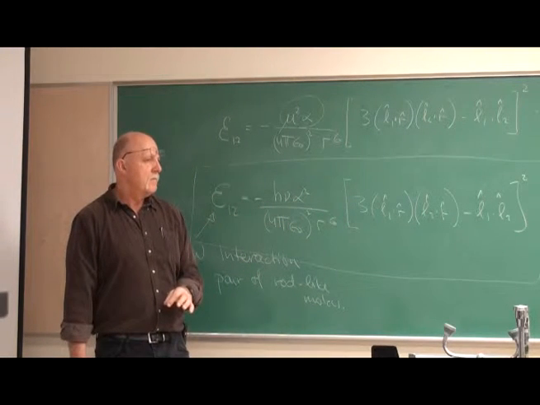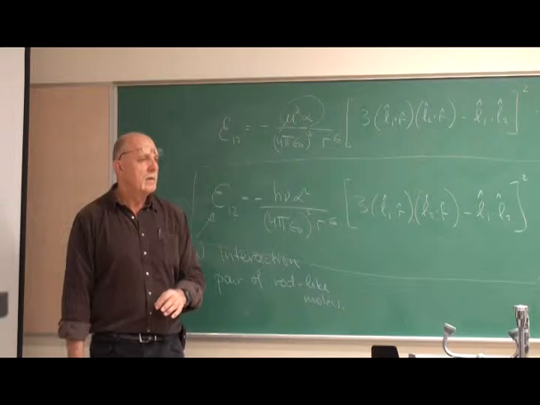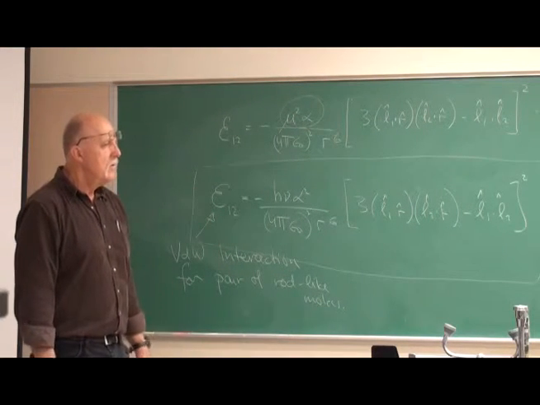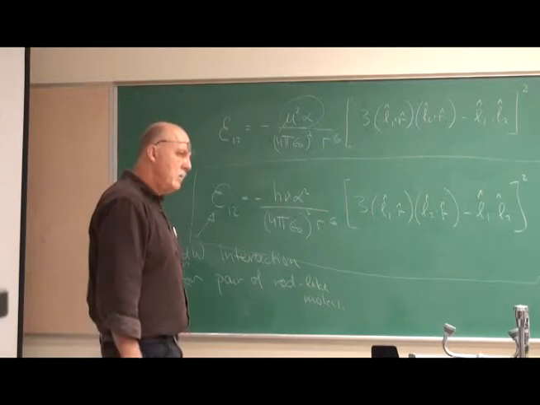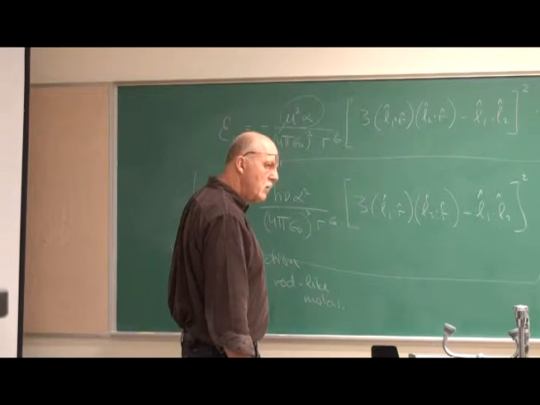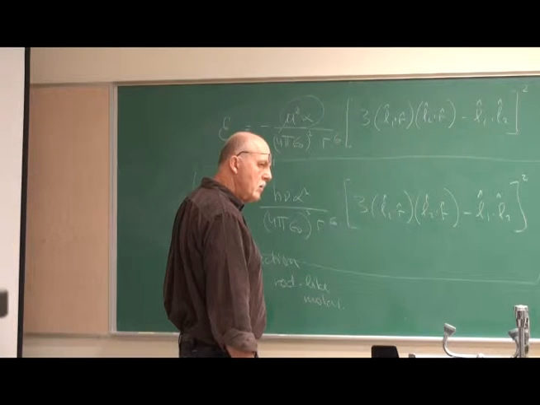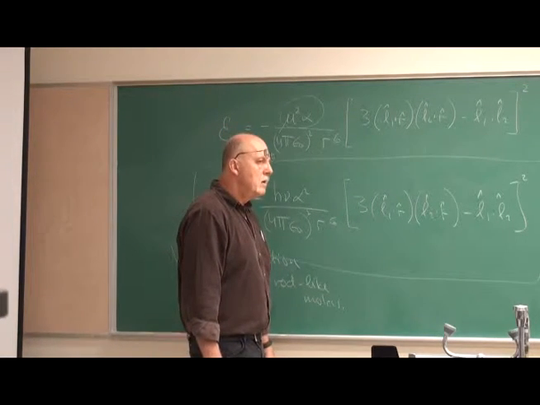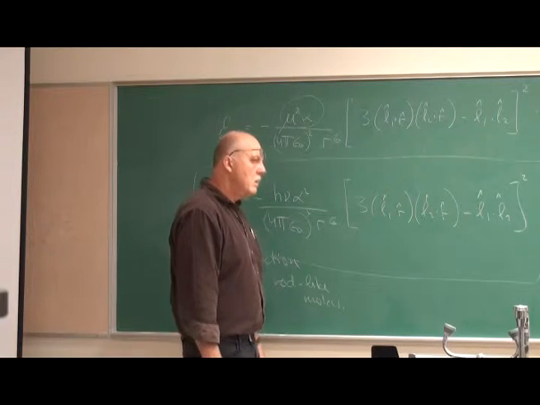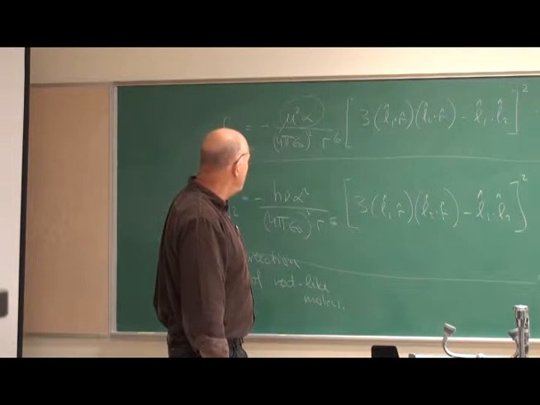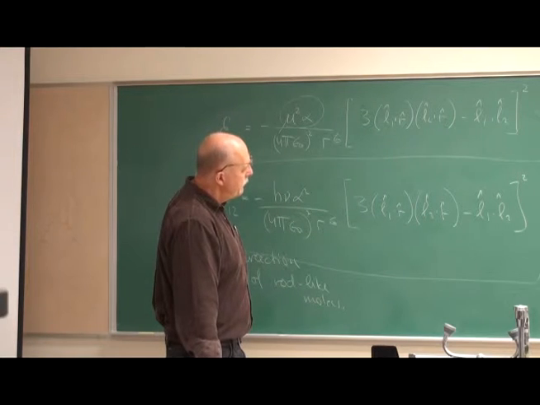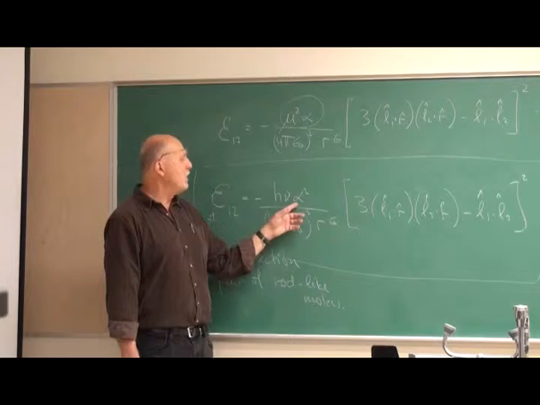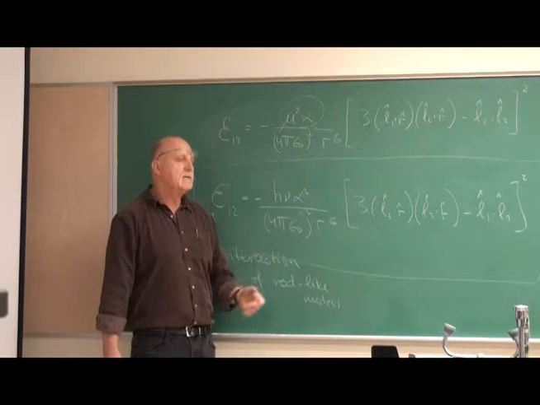So in the experiment, is the interaction between spherical molecules of the same magnitude as for rod-like molecules? Do we get the same result in the experiment? Well, if the polarizability were the same, then you would get the same result.